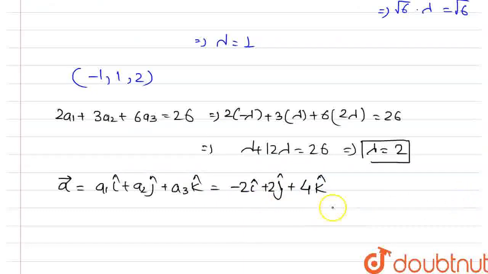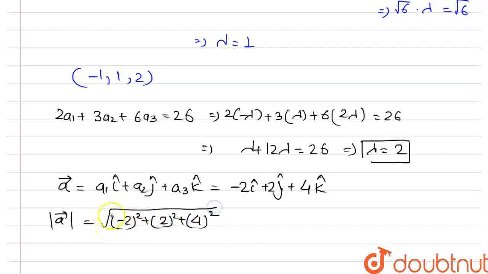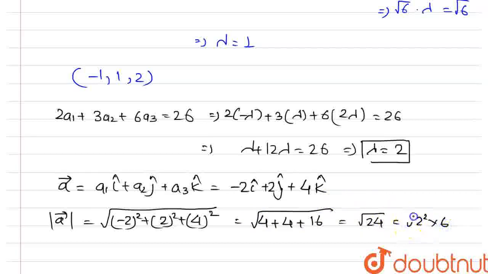Now we need to find the magnitude of A vector. So the magnitude will be given as the square root of the coefficients squared, that is, minus 2 square plus 2 square plus 4 square. This will be equal to root over 4 plus 4 plus 16, that is, root 24, which can be written as 2 square into 6.